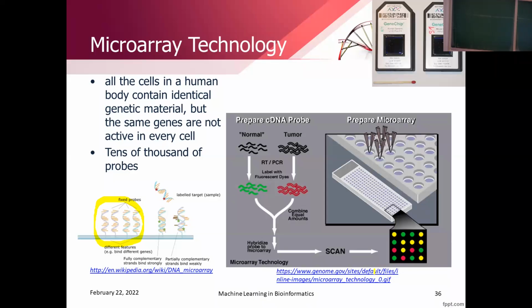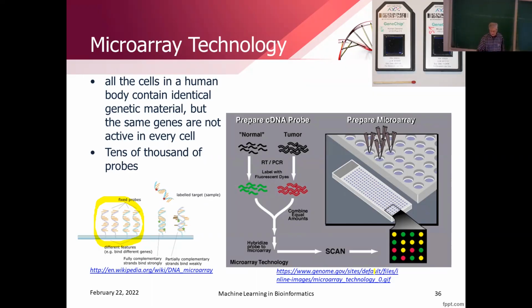So we extract the RNA from a living cell, then mark it by a fluorescent color, and then apply it on a DNA chip, on a microarray. And if the gene is active, then it should bind to all these spots corresponding to substrings from the gene. So this is the technology for detecting substrings.